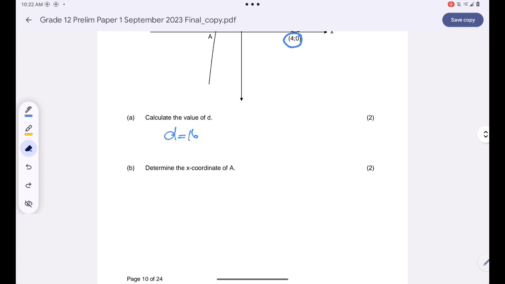Okay, and then now they want us to find the x-coordinate of A. Remember that guys, if d is equal to 16, that simply means the equation f of x is basically x cubed minus 7x squared plus 8x plus 16.